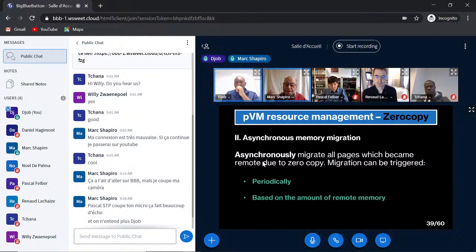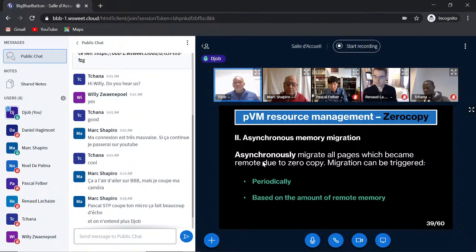So the pages that are inactive, which pages do you want to migrate? You could migrate everything. What's asynchronous and what's the migration? So the migration is done on the pages of the virtual machine that are remote.